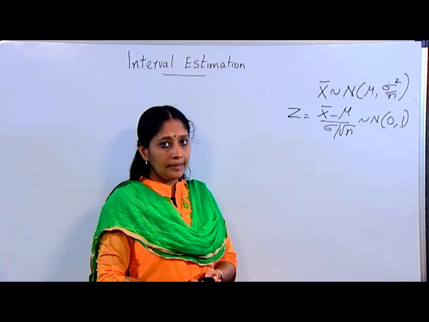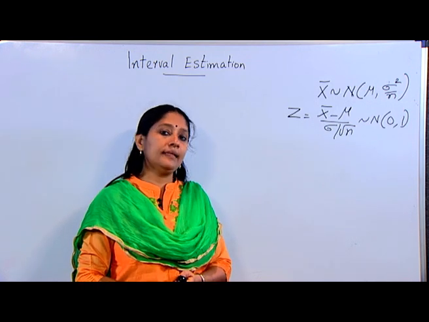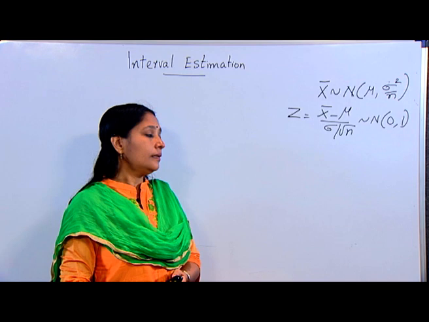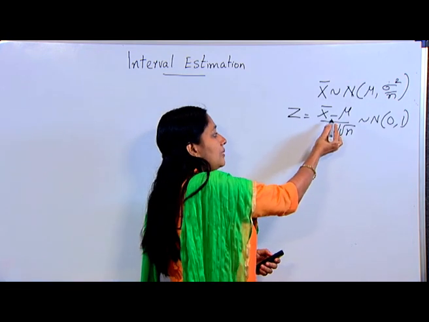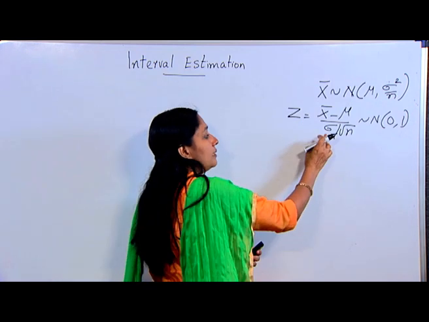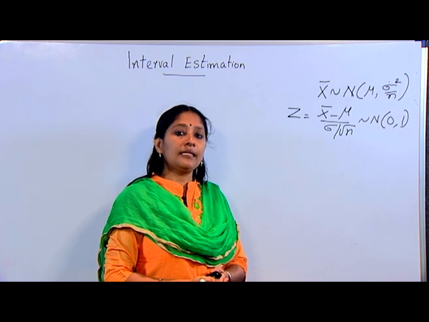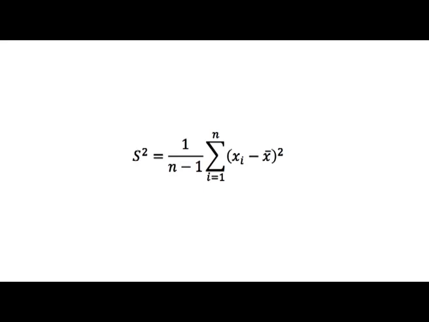Suppose in this case the population variance sigma square is unknown, then in z is equal to x bar minus mu by sigma by root n, we replace sigma or sigma square by its unbiased estimator, S square is equal to 1 by n minus 1 summation i is equal to 1 to n xi minus x bar whole square.